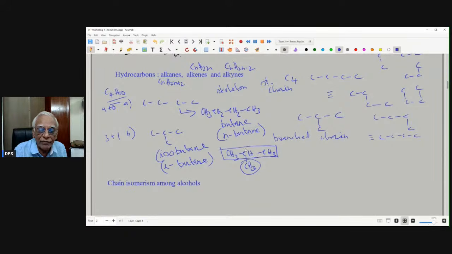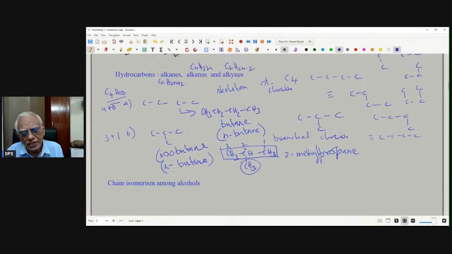You start numbering from left to right or right to left, 1, 2, 3; either way, it is on the second carbon atom. Therefore, this is named 2-methylpropane, with no gap after methyl. Butane and 2-methylpropane are the examples of isomers. And this is what happens in alkanes.